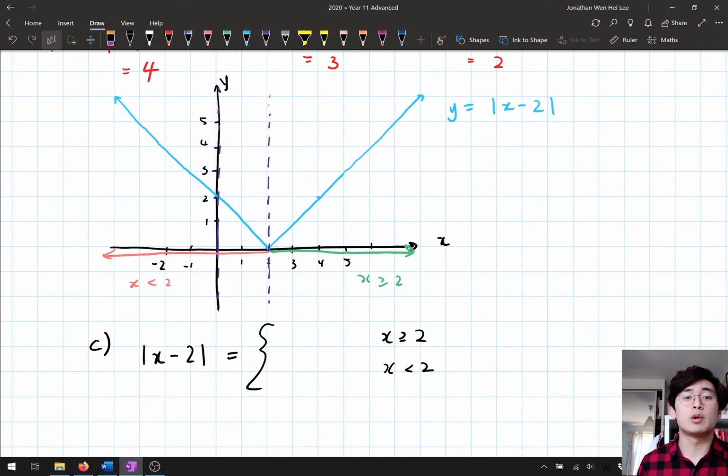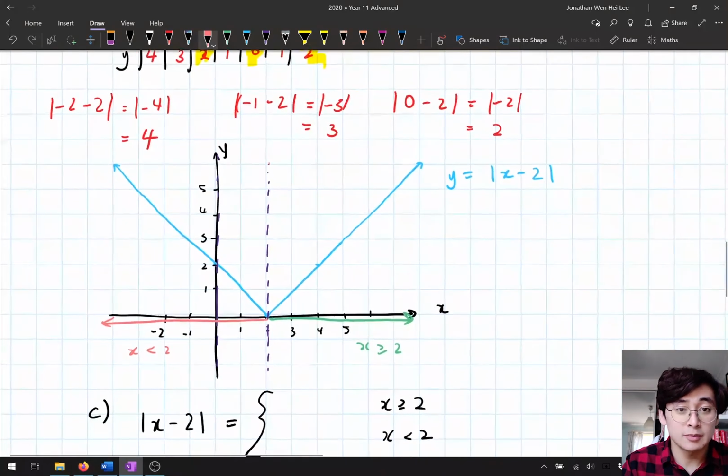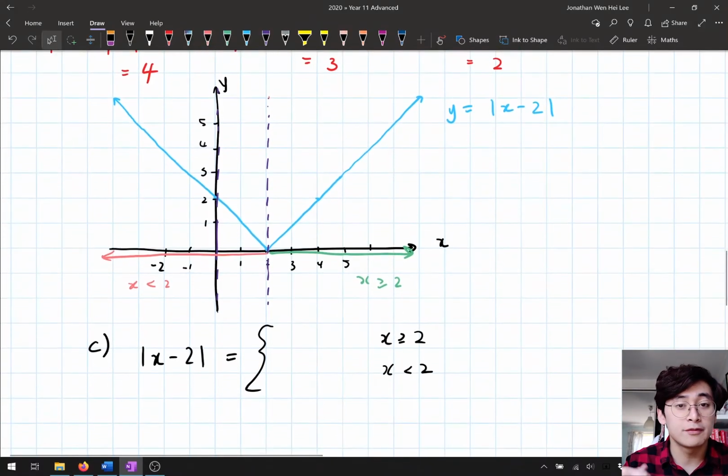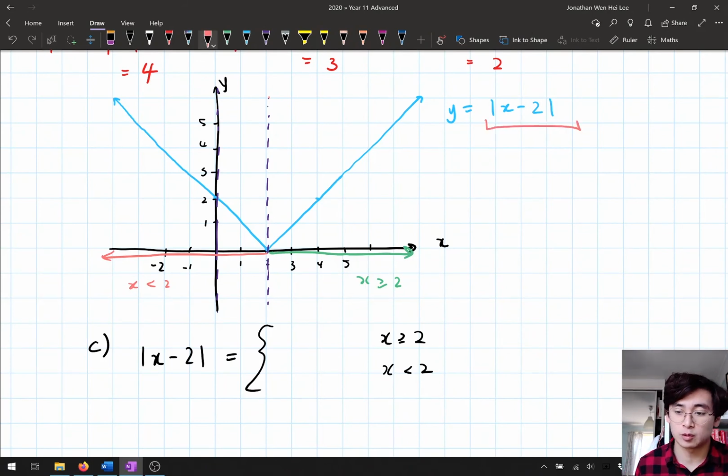What we want to do now is look at the equation of each of these lines. Now, let's have a look at this one over here on the right-hand side, this green one. The gradient of this is going to be the exact same. This is just going to be the positive version of what's in the brackets. So here, I just want to take the positive version of what's inside my absolute value, which is x minus 2.